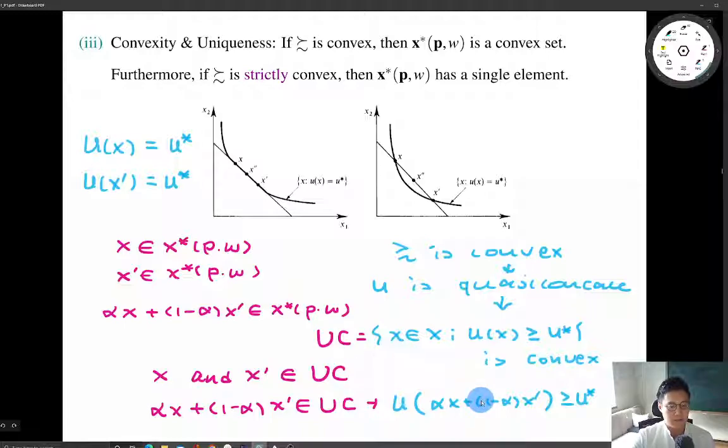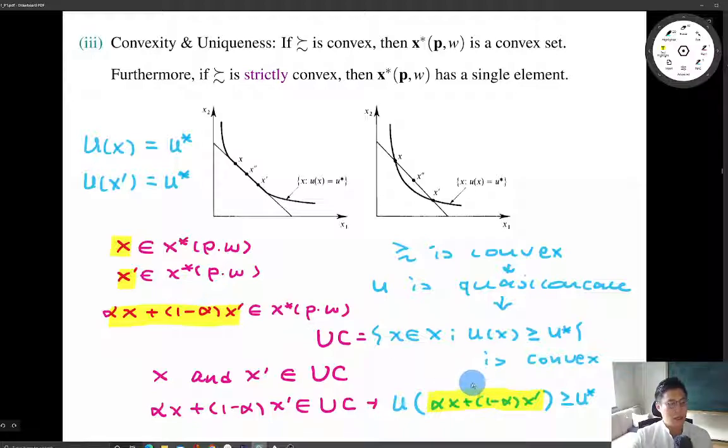So it gives the consumer at least this level of utility. And furthermore, this average bundle is affordable, right? Because a budget set is a convex set. So X is one element of the budget set, so is X prime, and so is any average bundle between these two.